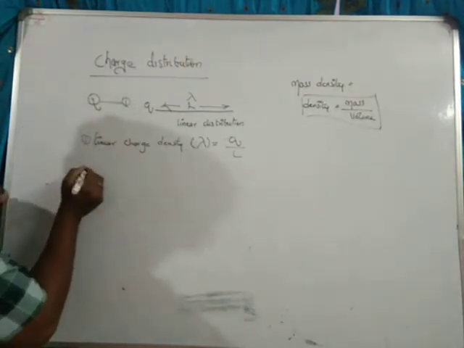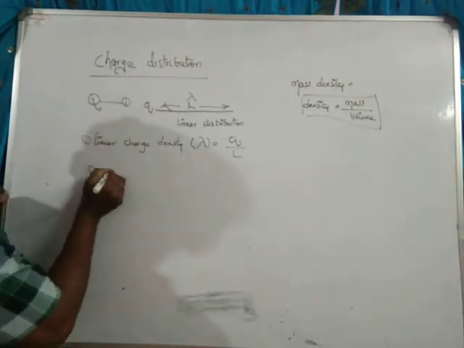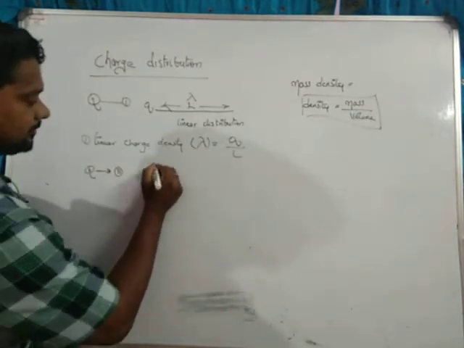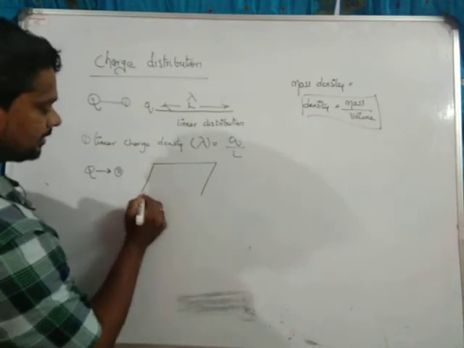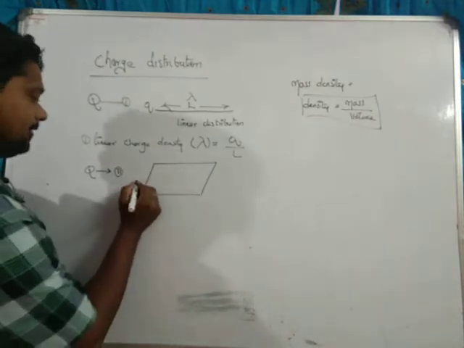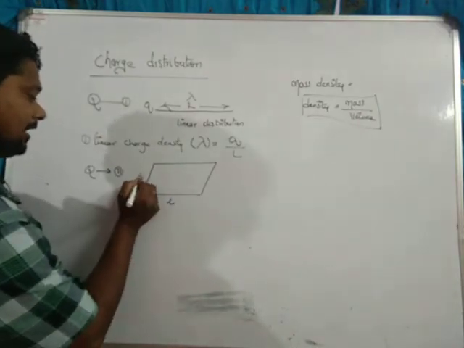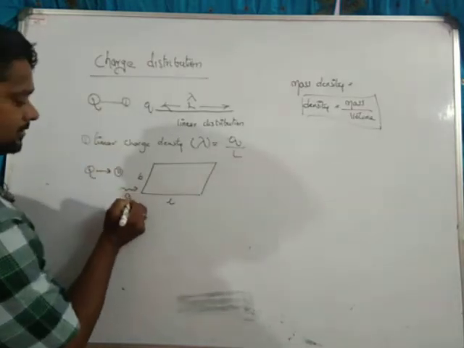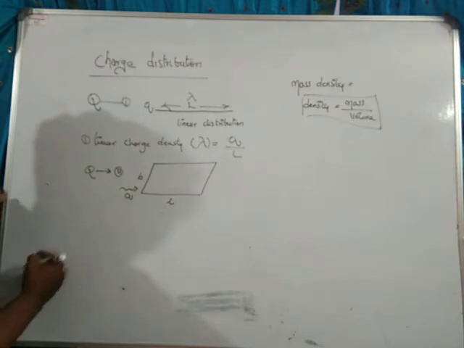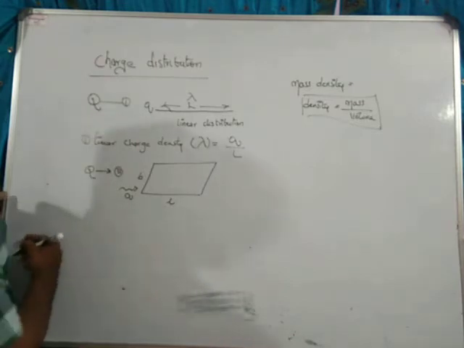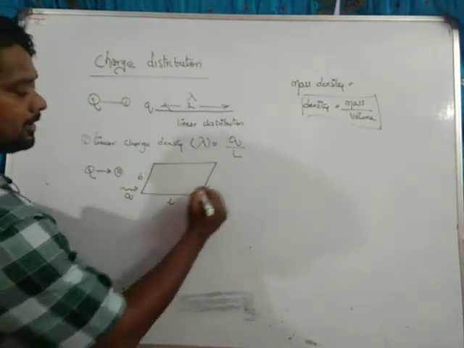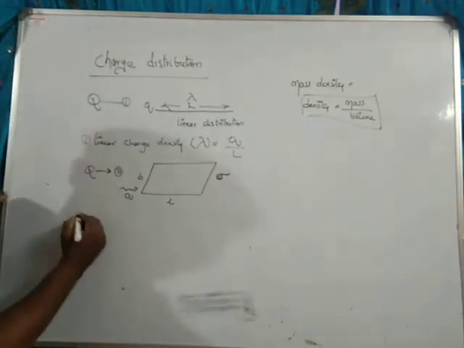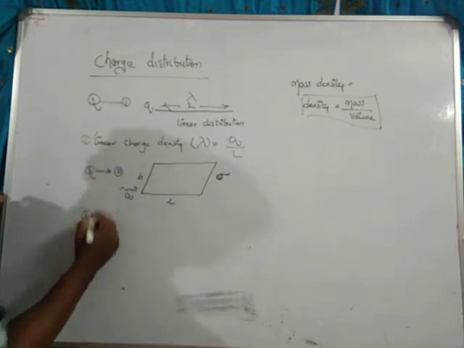The second one is charge with respect to area. Here we consider a sheet where we have a length and breadth. Whatever charge we consider is distributed through the length and breadth, and here we give the name sigma.